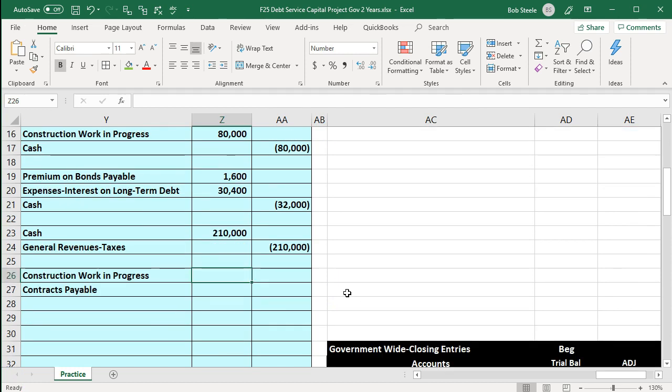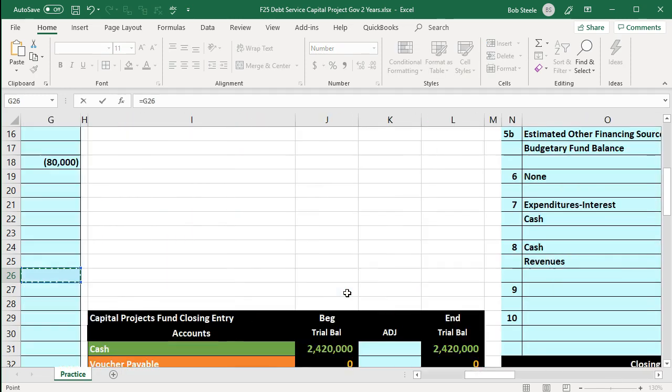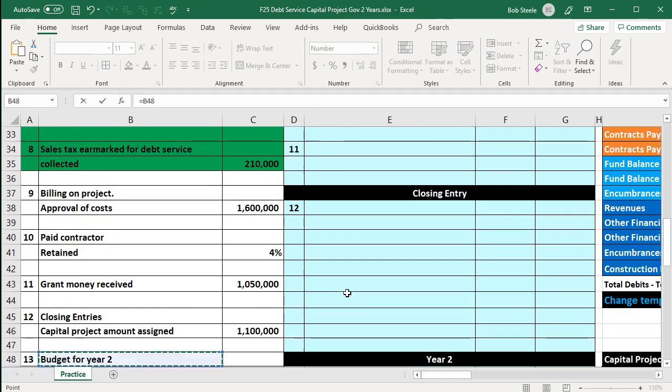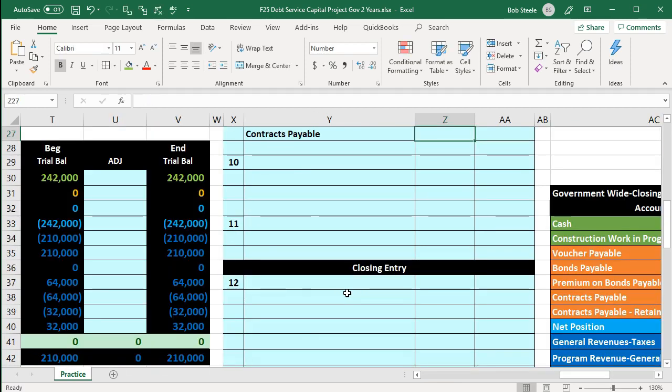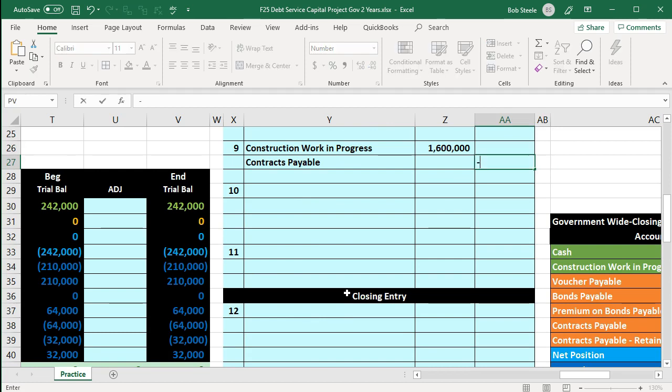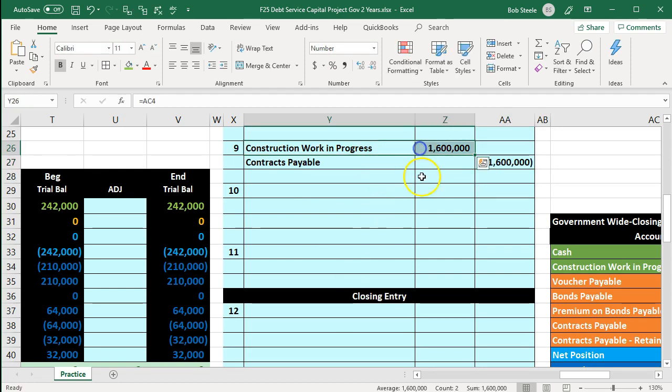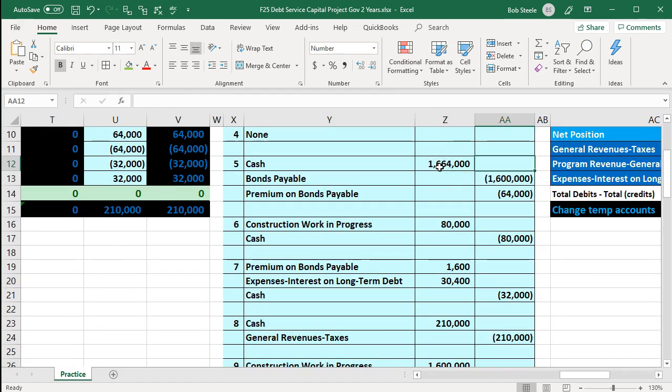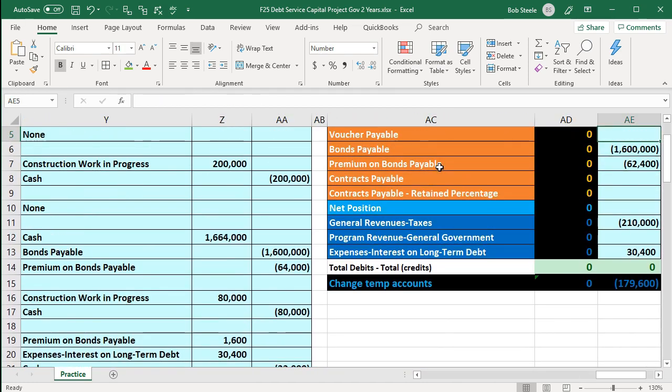We are in cell Z26, where we're going to say equals and scroll all the way to the left, and scroll down. We want to pick up that 1,600,000 and enter. That's going to be the debit and, of course, also the credit. So let's post this out. We got the construction work in process as we're building this big capital project, the building or the bridge or the street.